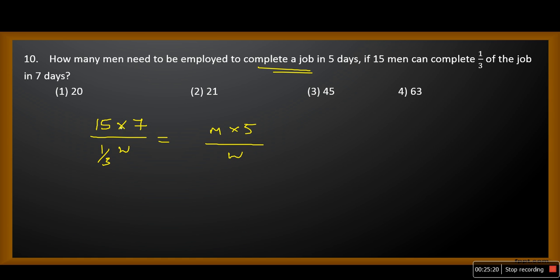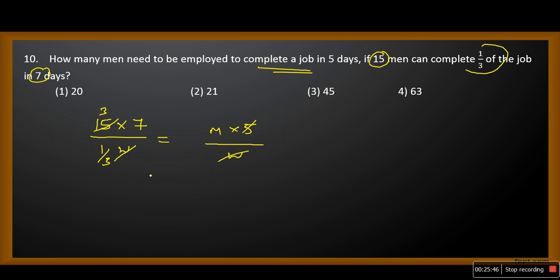Okay, so first 15 men, how many days are they taking? 7 days. How much work did they complete? 1/3 of the job, so 1/3 W is equivalent to the number of men, we don't know how many are required, so M, and the days they have to complete, 5 days. The total work is W. W and W will cancel. 5 ones, 5 threes.